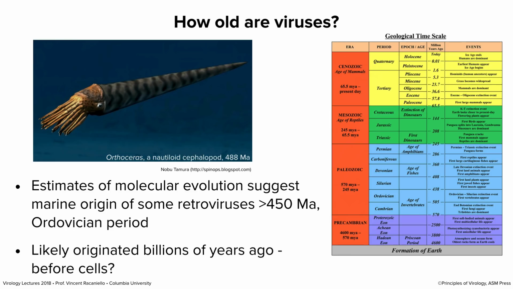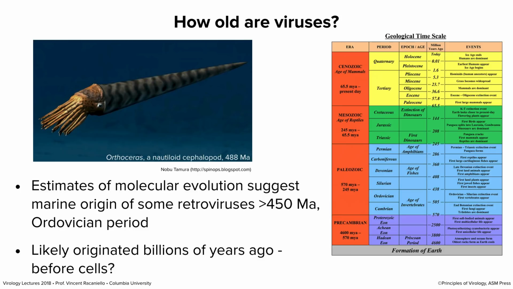This has now been taken back 450 million years ago. They have found evidence of retroviruses in the genomes of some very old organisms. These estimates give rise to the idea that these retroviruses probably arose 450 million years ago in the Ordovician period. And so that is right here, the age of invertebrates.